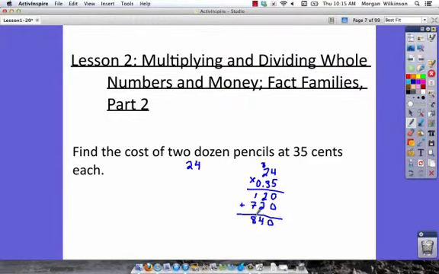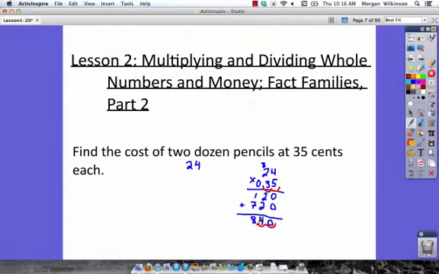We get 840. But if you think about 2 dozen pencils costing 35 cents each, costing $840, that would be a bit ridiculous. I don't think I would pay $840 for 2 dozen pencils, and I hope you wouldn't either. We need to move the decimal point over twice to get it out of our numbers. 1, 2. So now we need to bring it back within our answer. 1, 2.